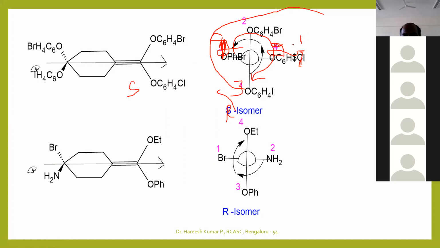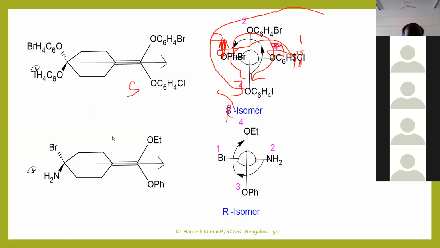This is 1, this is 2, and this is 3. That means it will go in a rotation like this. That is the reason this is S configuration.